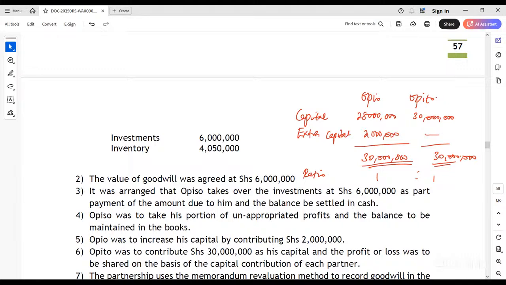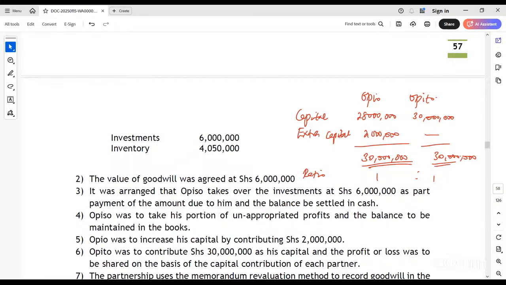This is what we call the memorandum revaluation method. You write off the value of goodwill to 0, so there is nothing to maintain in the books. The debit side equals the credit side. If it was the other method, of course, there would be a balance of 6M. But under the memorandum revaluation method, this is how you write off your goodwill.